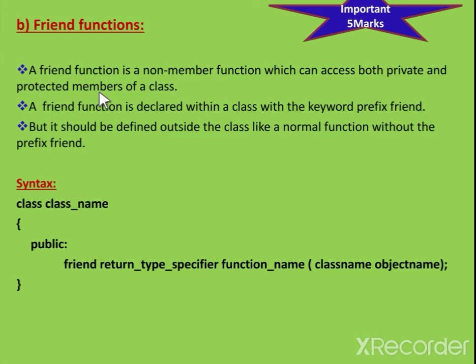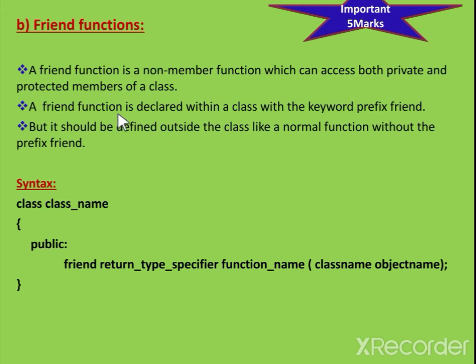See, a friend function is a non-member function which can access both the private and protected members of a class. This topic is also important for 5 marks. I repeat, a friend function is a non-member function which can access both the private and protected members of a class. Okay?